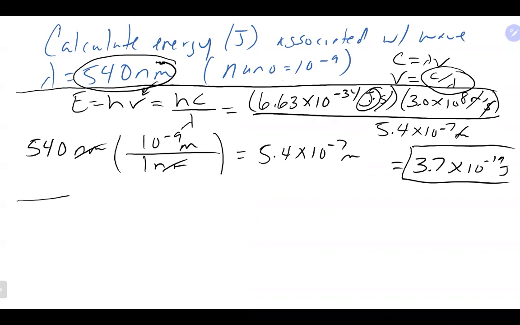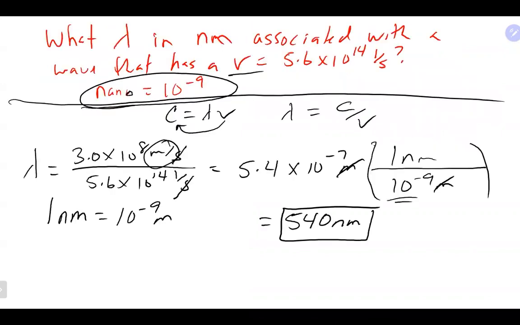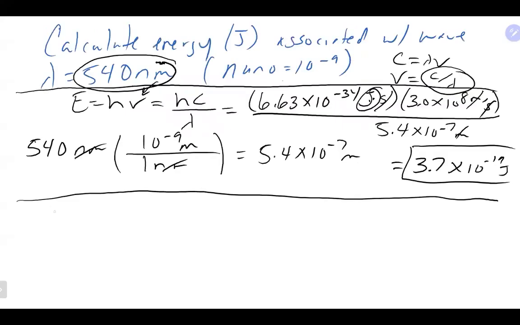Now, just to show you, in the original question we had the actual frequency given to us. So we could have just used the frequency and put it into this equation, and you should get the same answer.